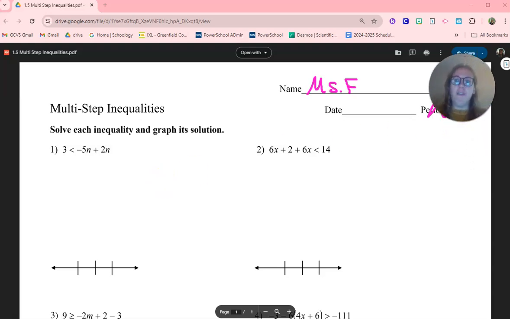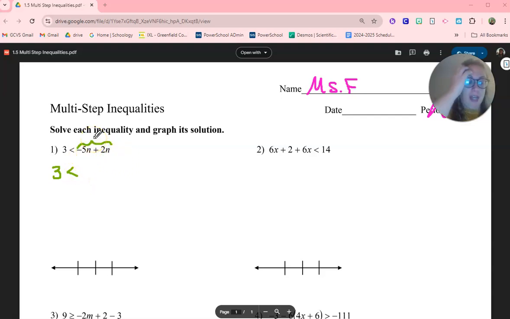So when we're looking at the first one, we see 3 is less than negative 5n plus 2n. First of all, we can look for any like terms that we can combine, and we can combine this negative 5n plus 2n.